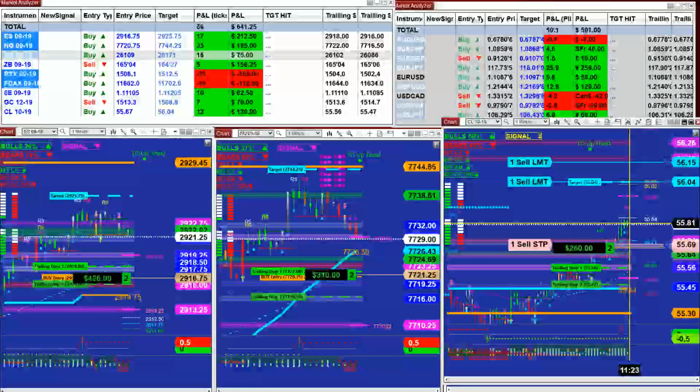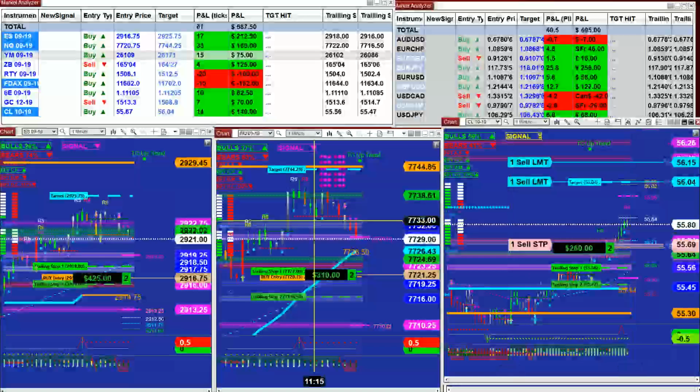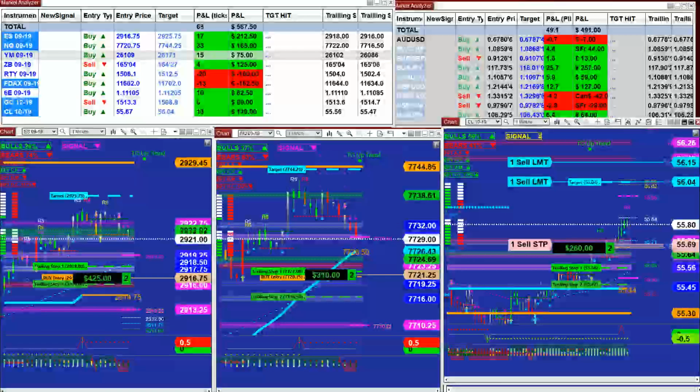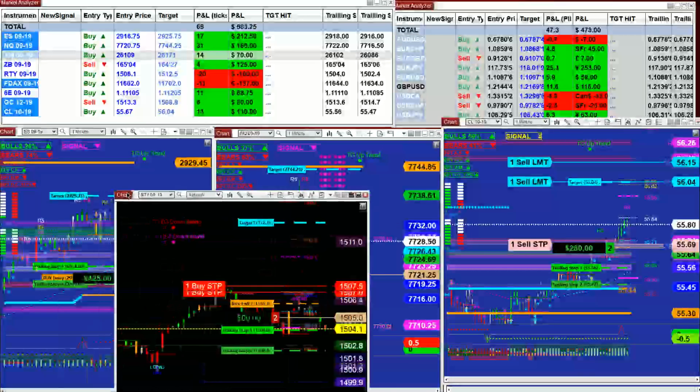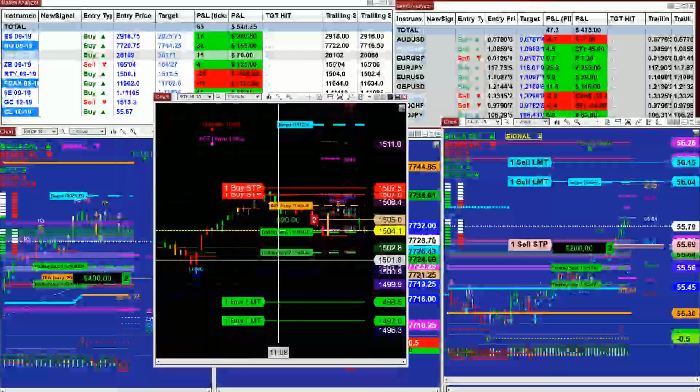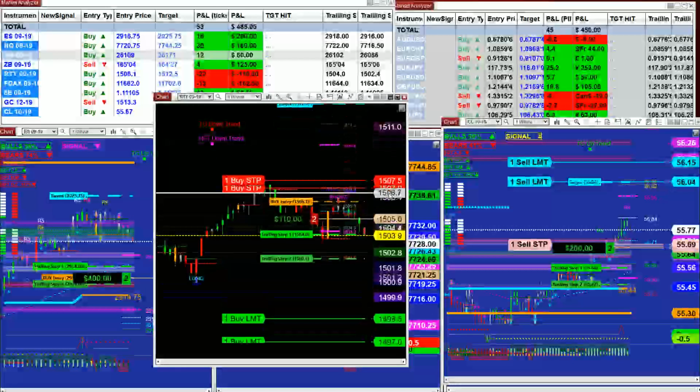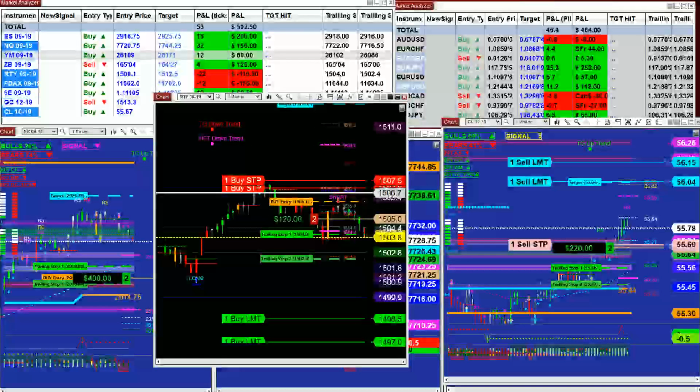And now we have an early warning by the Russell with the fibs. It has already initiated a short trade, an early warning with the fib automated trade.